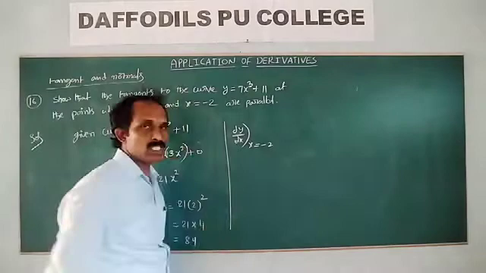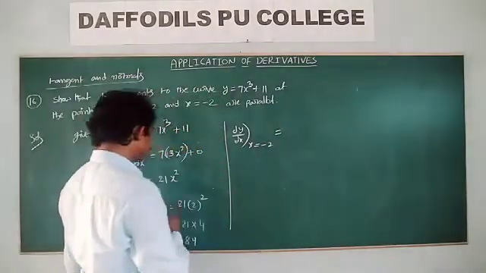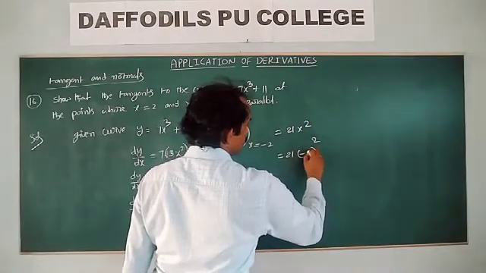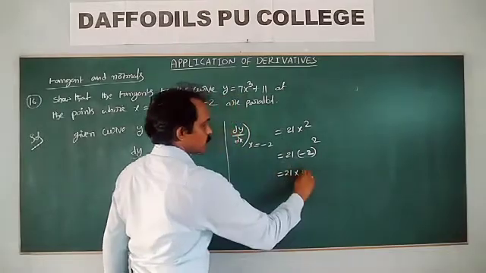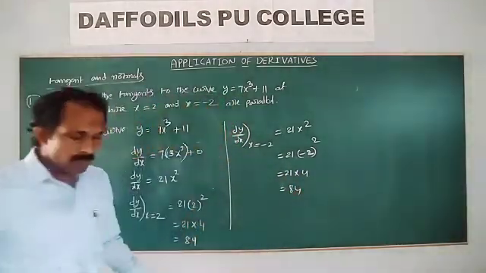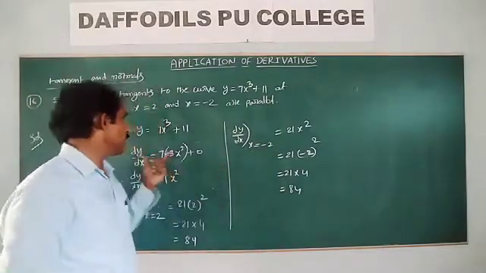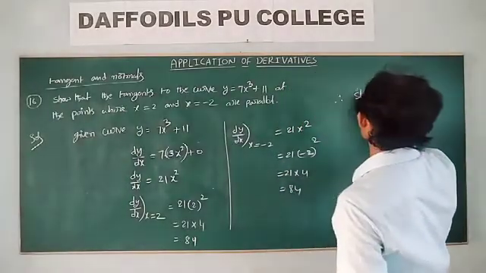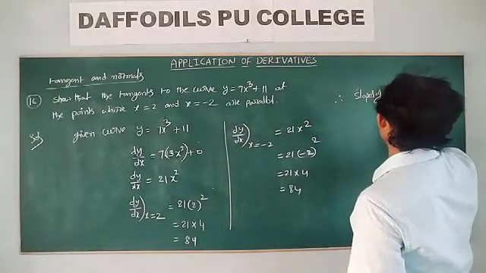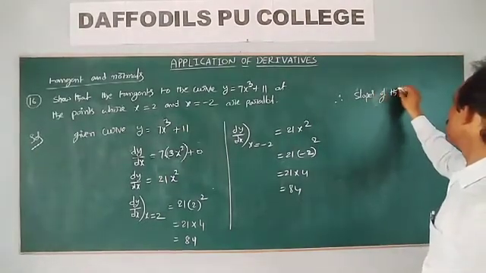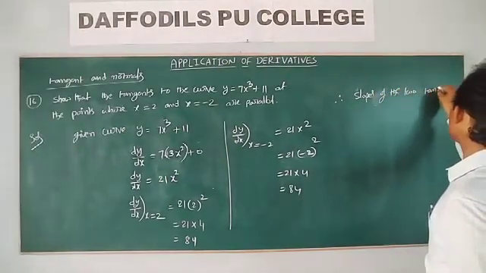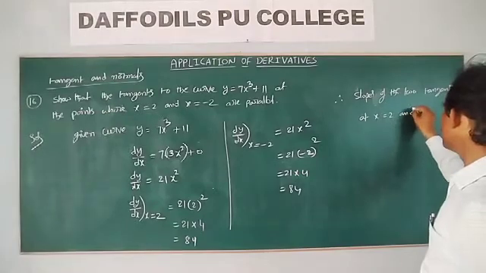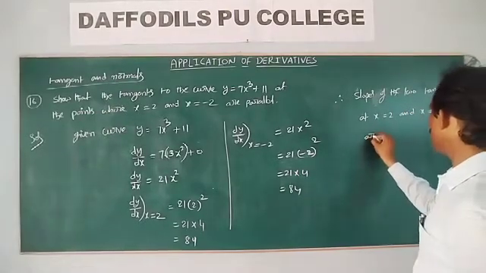And another tangent at x is equal to minus 2. Now what is dy by dx? 21x square, that implies 21 into minus 2 whole square, 21 into 4, it is also 84. So the slope of the tangent at x is equal to minus 2 is 84, and at x is equal to 2 also 84. Therefore the slopes of the two tangents at x is equal to 2 and at x is equal to minus 2 are equal.